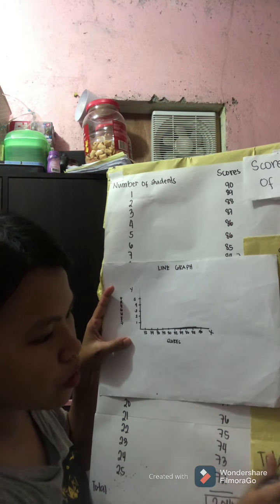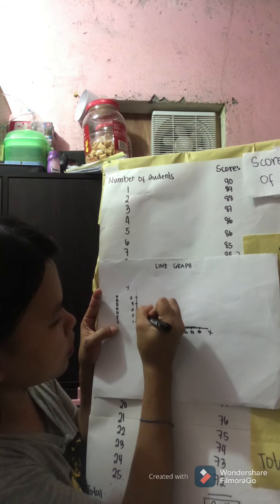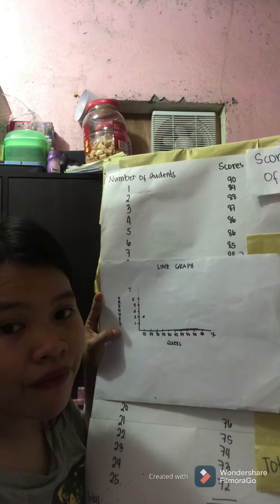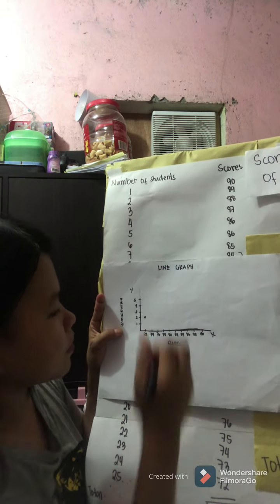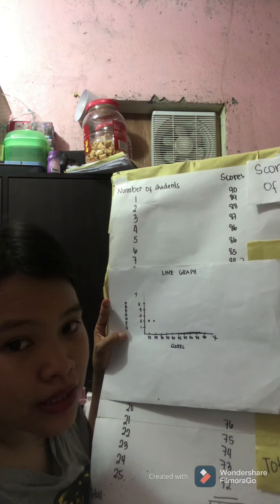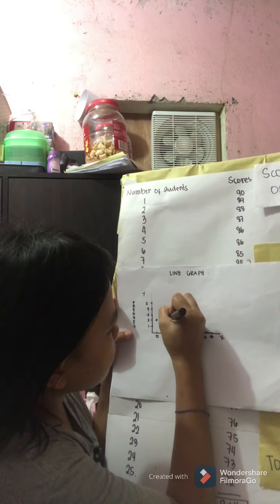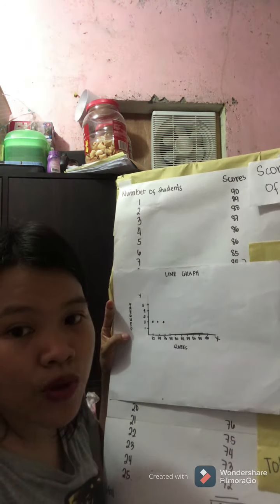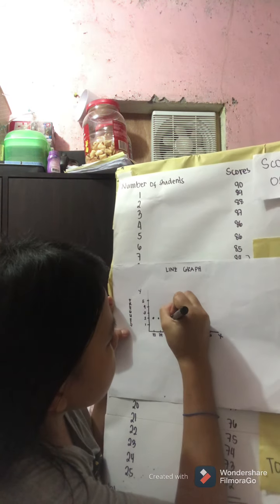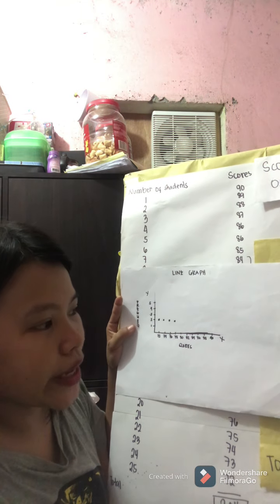In our 72, we have the frequency of 2. In our 74, we also have 2 frequency. In our 76, we also have 2 frequency. In our 78, we also have 2 students. In our 80 scores, we have 3 frequency.